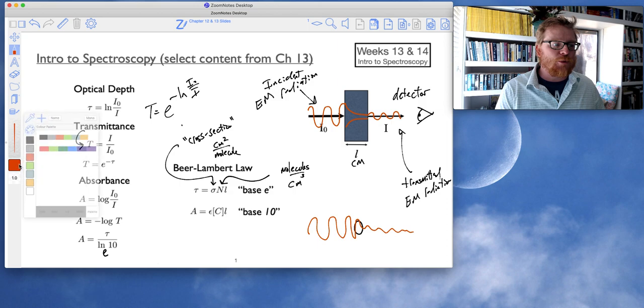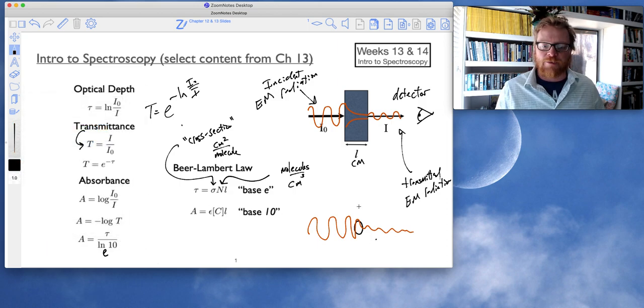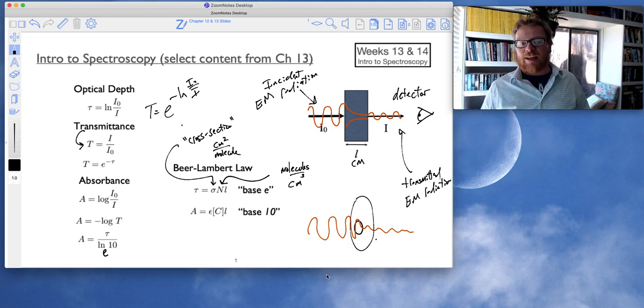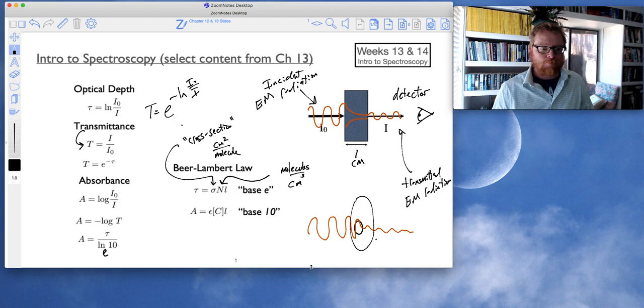But if we had a very large cross section, we could really think of it as a sponge for all of our photons. A large cross-sectional absorption area will suck up all of those photons and none will be left to transmit. So that is the natural way of looking at Beer's law in base e.